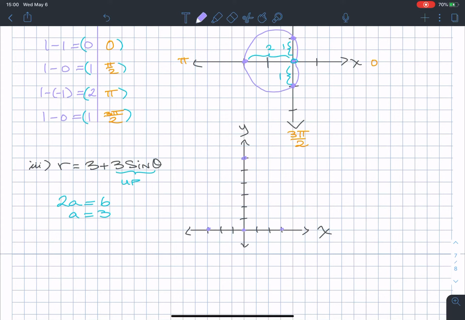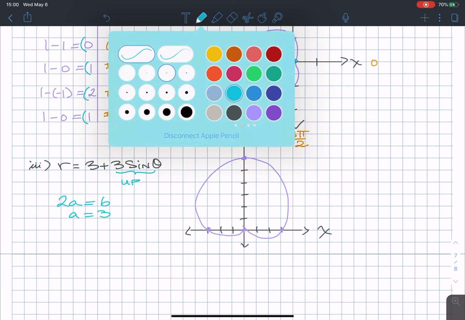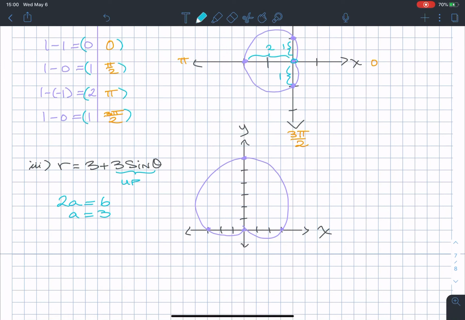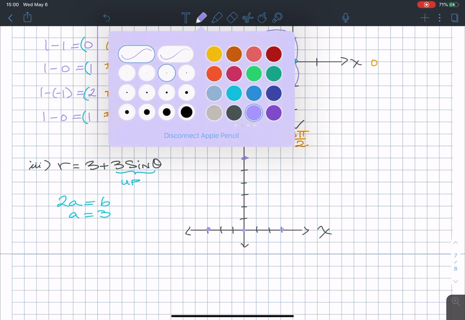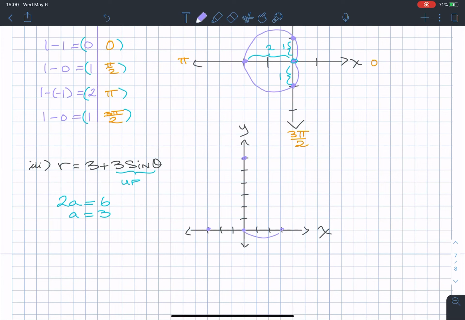So I claim that this is up. Let me try this again. Try and make this a bit of a better graph. Why do I... it's so difficult to draw these well, as you can see. Okay, let me try again.